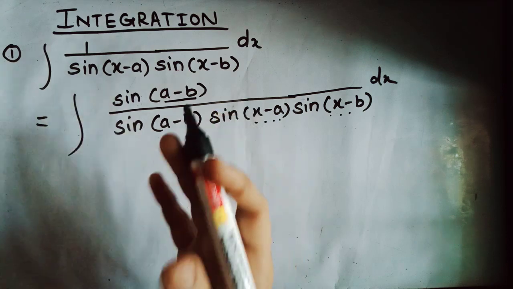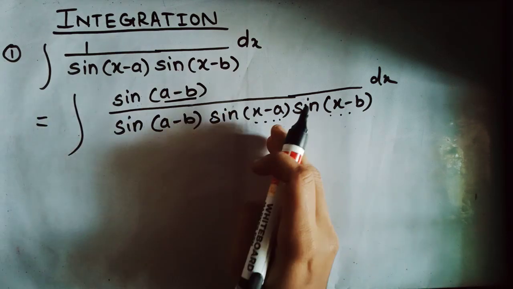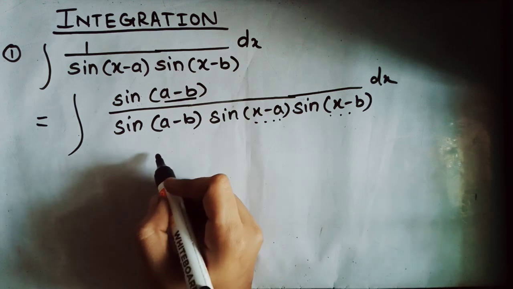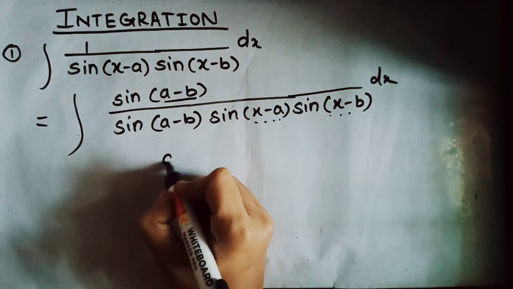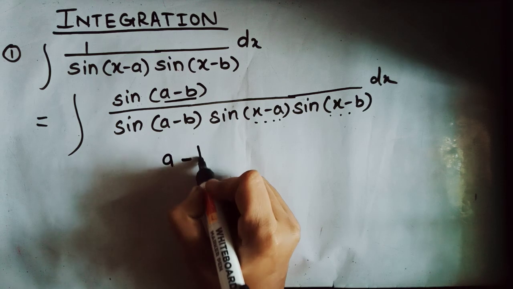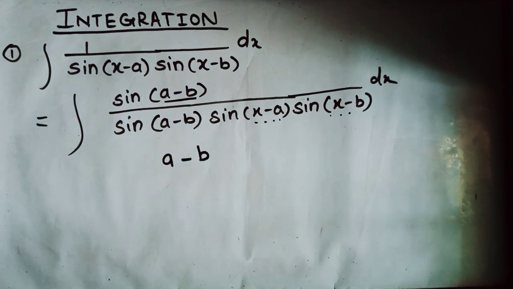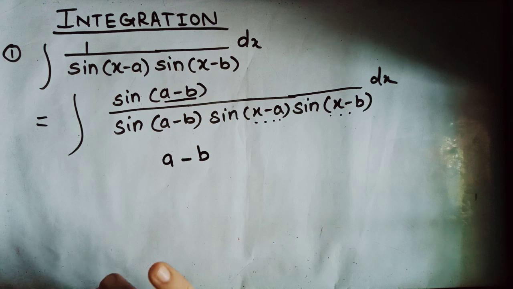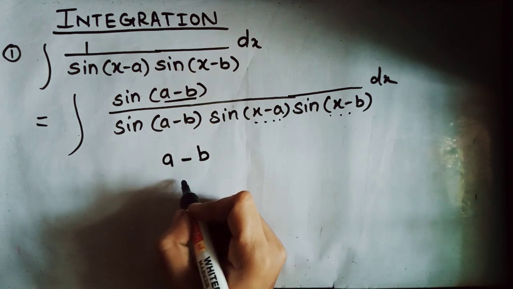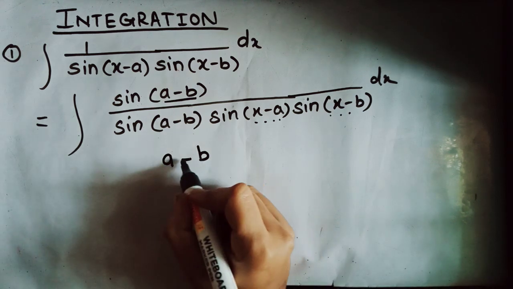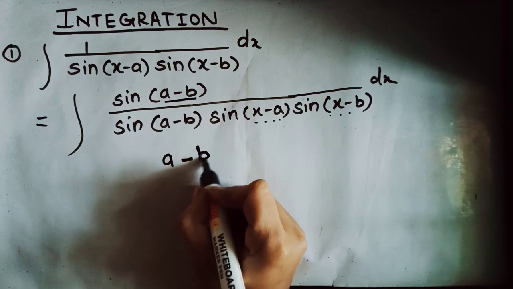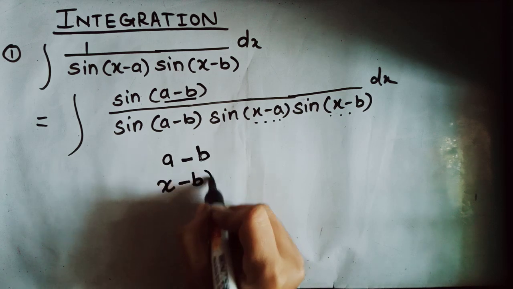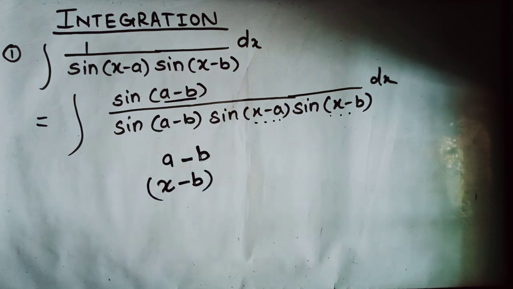So how can I write a minus b in the form x minus a and x minus b? For a minus b, I have to add x and minus x, right? So here already minus sign is there for b. So I can write x minus b. One of the b is used.